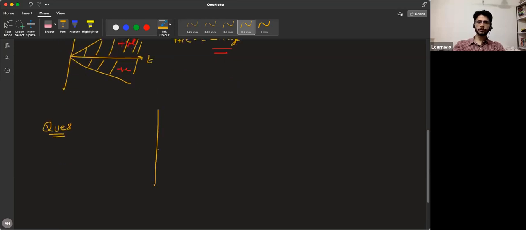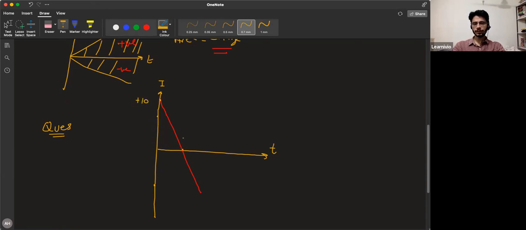Let's say you have some current versus time graph. This is current versus time graph. This is I. This is plus 10.